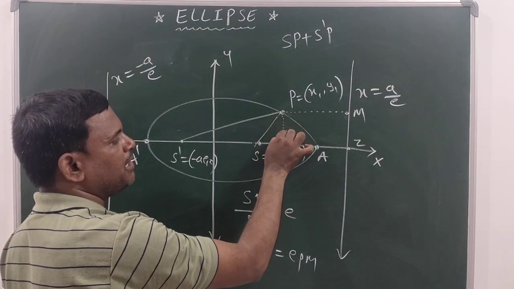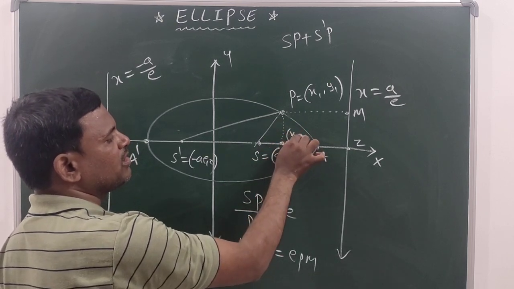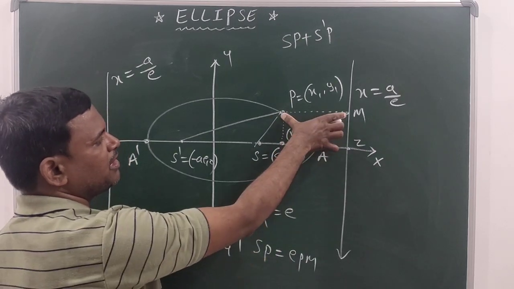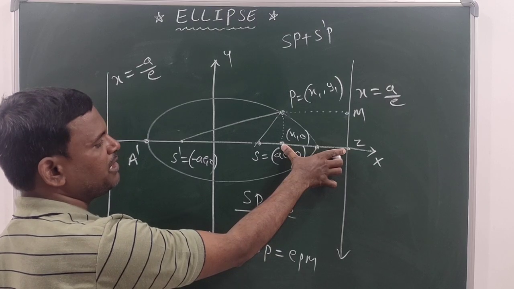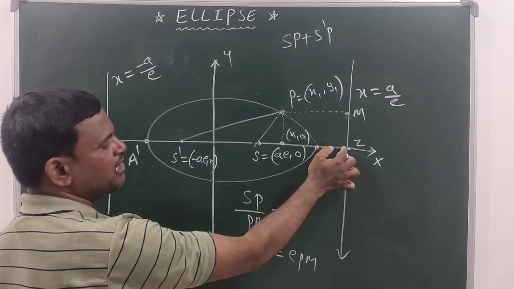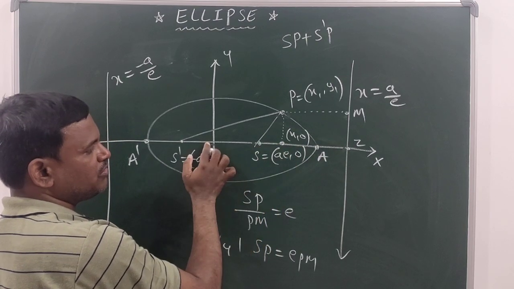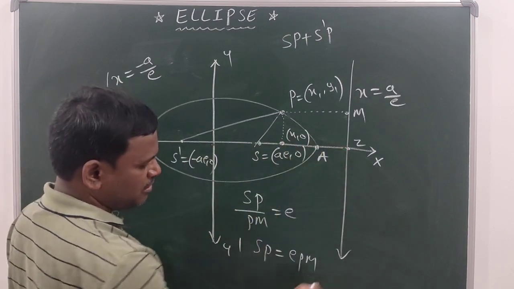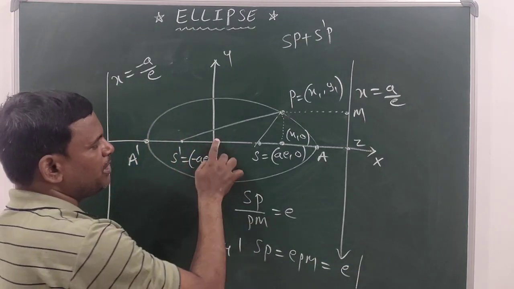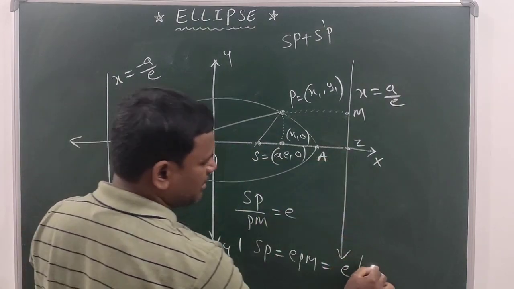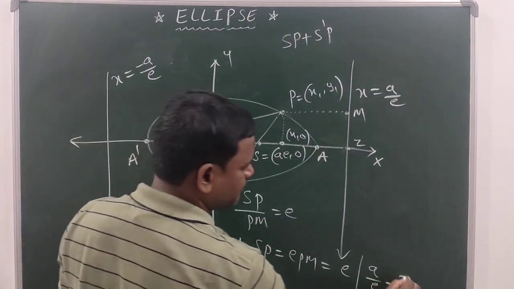Drop a perpendicular from P to the X axis, so that this coordinate will be (x1, 0). Now in this figure, this PM length is equal to this length. From here to here it is A by E, from which if you subtract this x1, you will get this length. Now this is equal to E of, use the mod symbol, A by E minus x1.